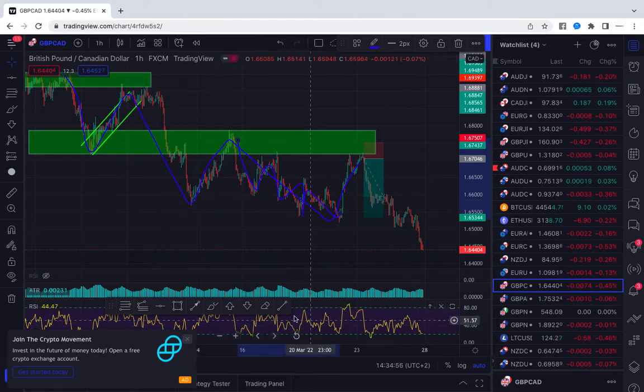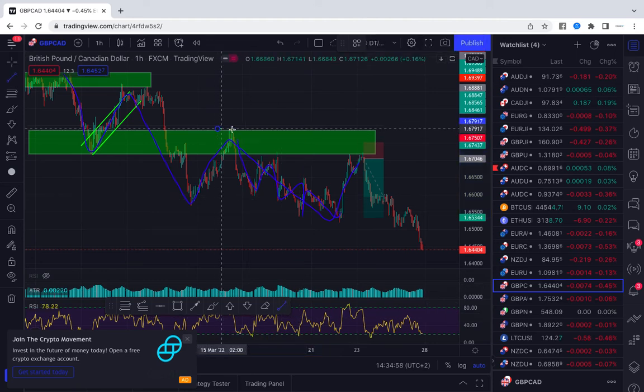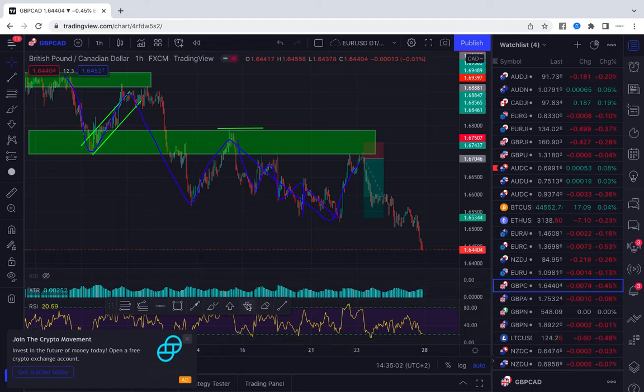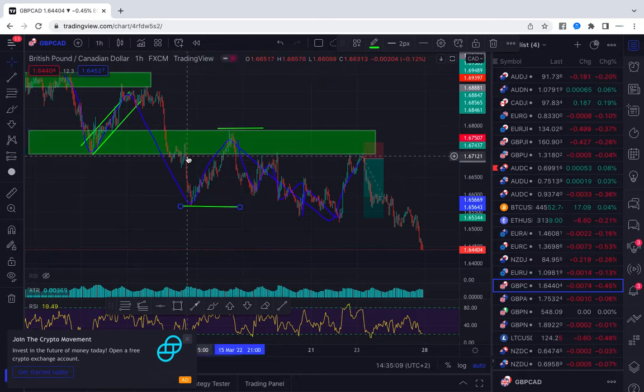Okay, so I'm not paying attention to anything that happens anywhere in between here and here. Why? Because this is the previous structure level. Unless we have a break and close above this price level, or a break and close below this price level, I'm not interested, because then you start to look at irrelevant stuff.